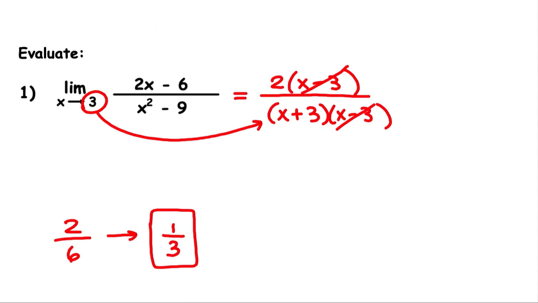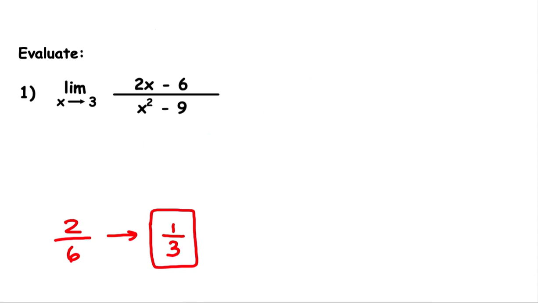Okay, so that wasn't too bad. But L'Hopital, or La Hospital, realized, hey, there's an easier, better way, and I don't have to factor. I couldn't teach this to you guys back in chapter 1 or in pre-calc because you didn't know what a derivative was yet. And L'Hopital used derivatives. What he did is he took the derivative of the numerator, just the numerator. The derivative of 2x minus 6 is just 2.